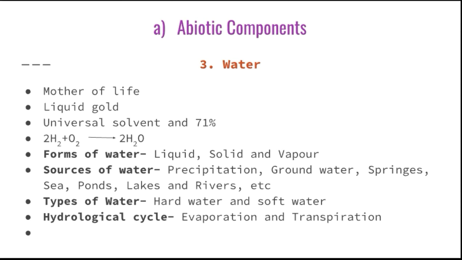Next, types of water. On the basis of salts present, water is classified into two types: first hard water, and second soft water. Hard water does not give foam with soap.